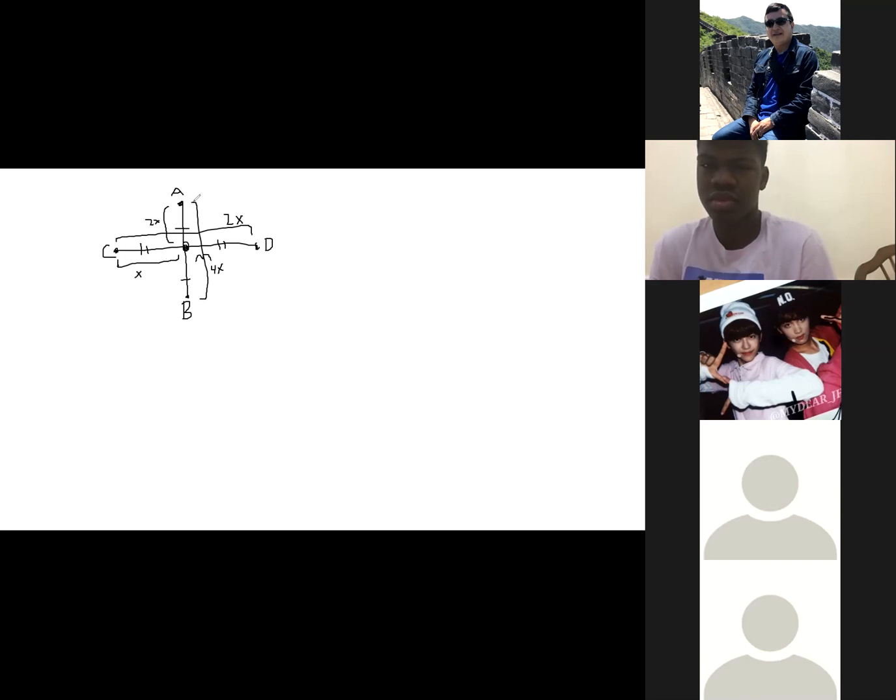So that's why AB would be 4X if CM was X. And then it asks you to find the relationship between AM and CD. Knowing that AM is half of the length of AB, 4X divided by 2 is 2X. And knowing that CD is twice the length of CM, X times 2 is 2X. And so that's how you know that they're the same length. Do you get it? Yeah. Okay.